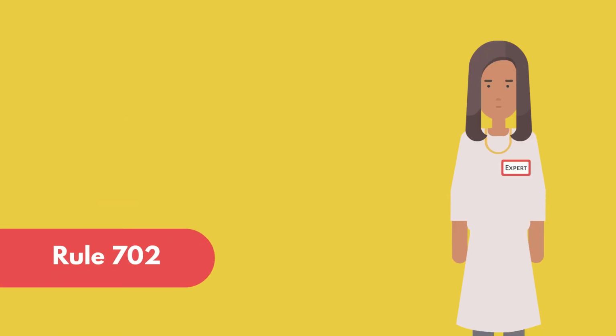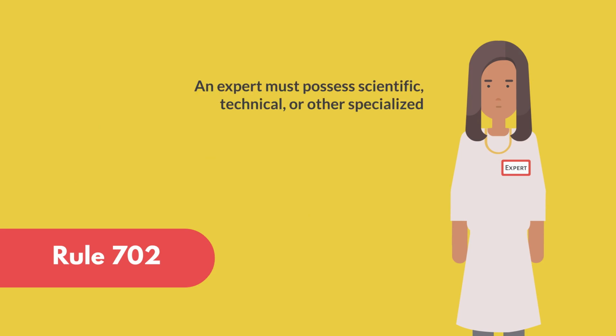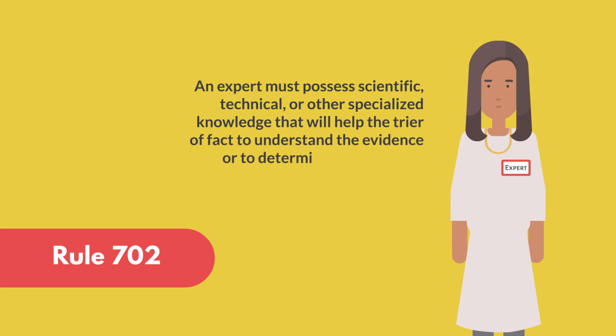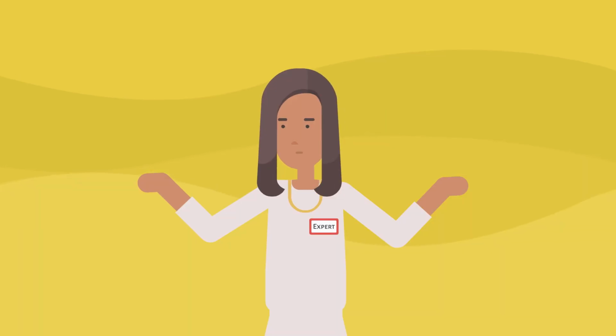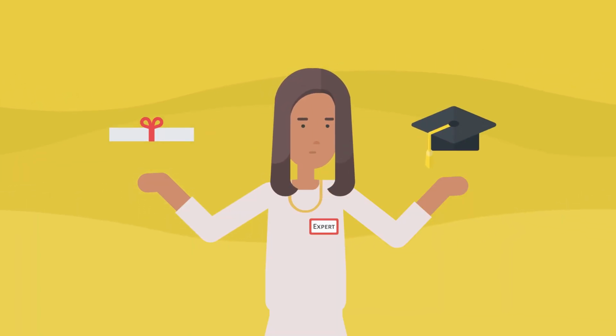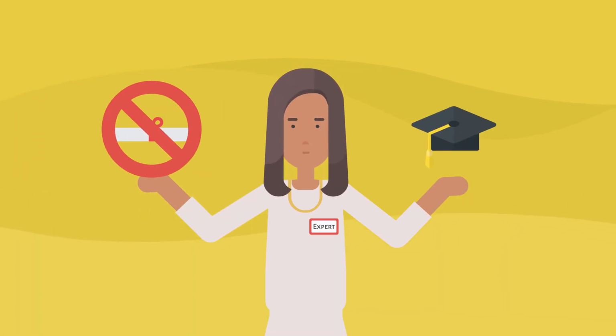So that's going to take us back to Rule 702. 702 provides that essentially an expert must possess scientific, technical, or other specialized knowledge that will help the trier of fact determine a fact in issue or otherwise understand the evidence. This does not mean that an expert needs to have a certain degree or certification.